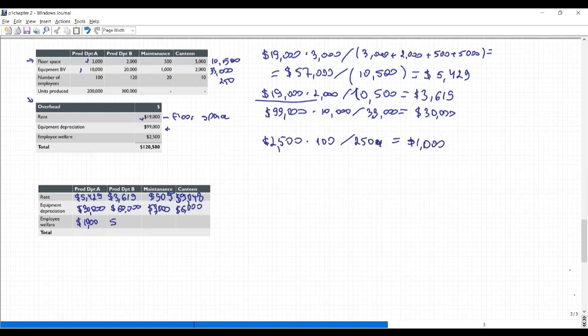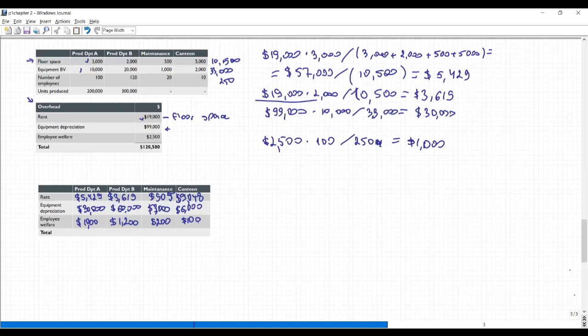And the same way, we will calculate whatever we receive for production department B. For maintenance, it's going to be 200 and 100 for canteen.